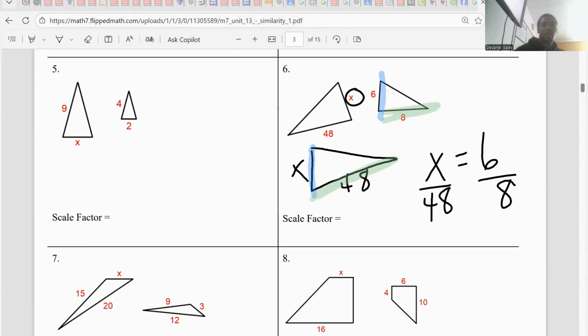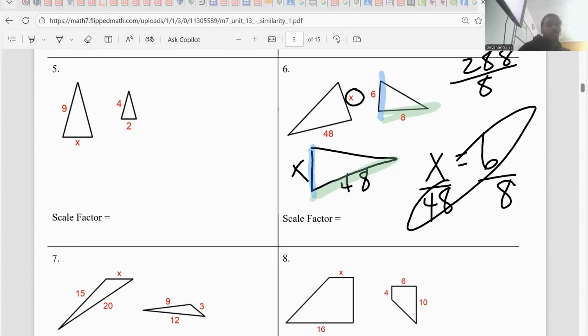Okay, so I'll have to start with 48 times 6. And then if I divide that by 8, so then that means that this would have been 36.